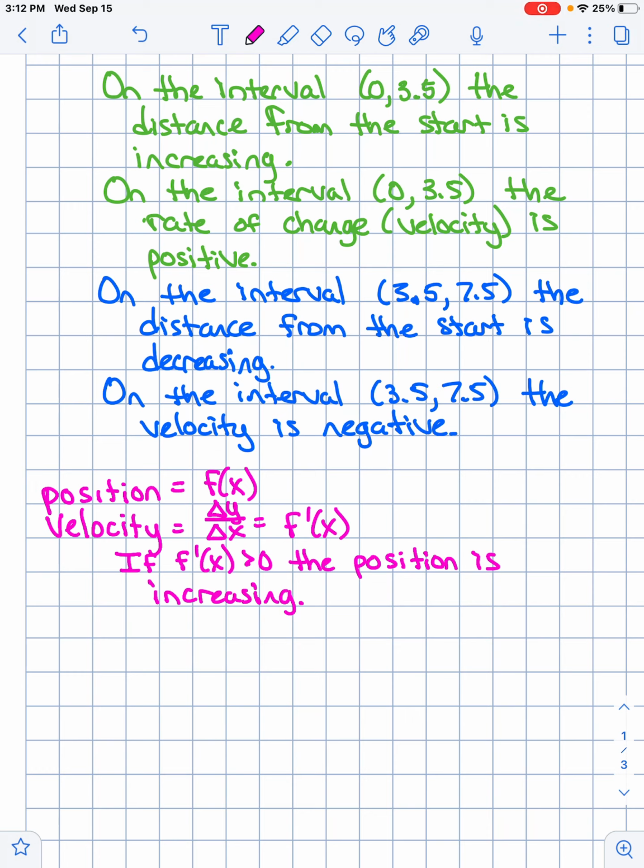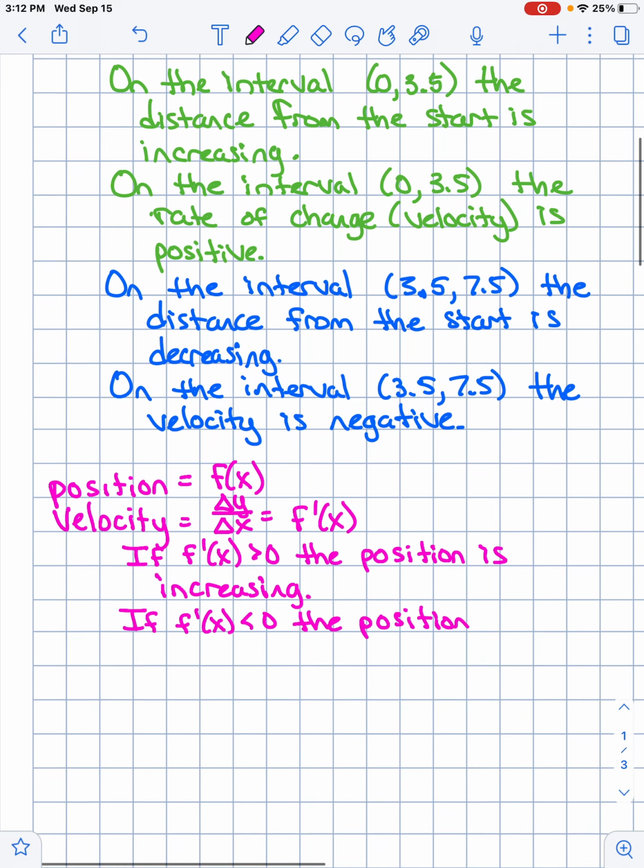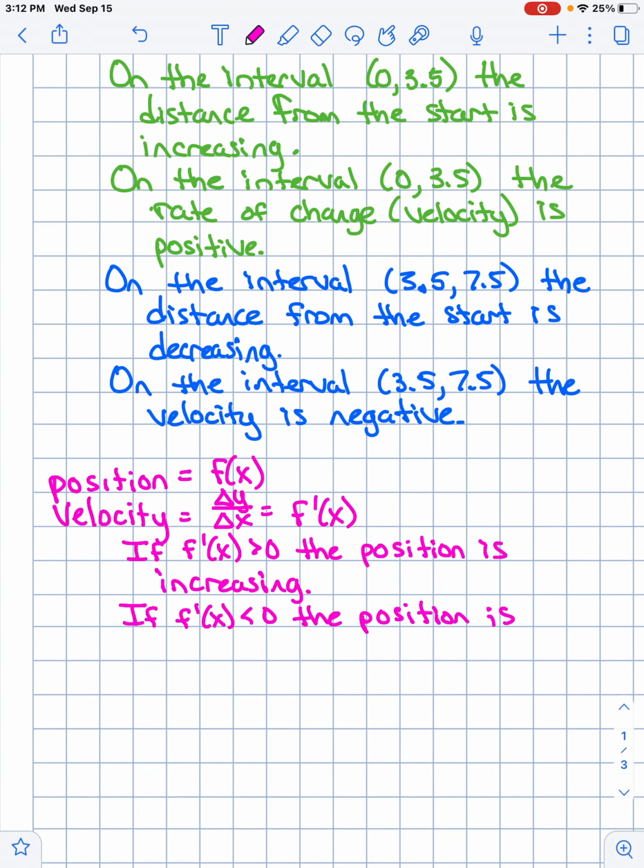We're moving away from the start position. If f prime of x is negative, the position is decreasing. And if the velocity is 0, there is a change in direction.